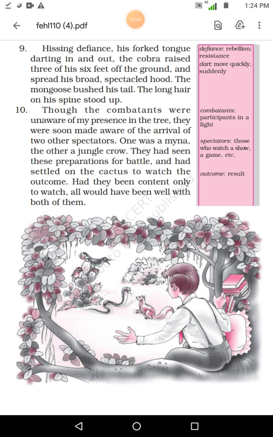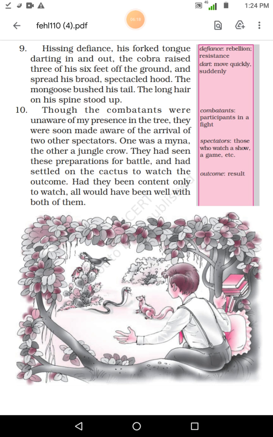Then, though the combatants were unaware of my presence in the tree, they were soon made aware of the arrival of other two spectators. One was the myna, other was the jungle crow. What is this combatants? Combatants means participants in the war.